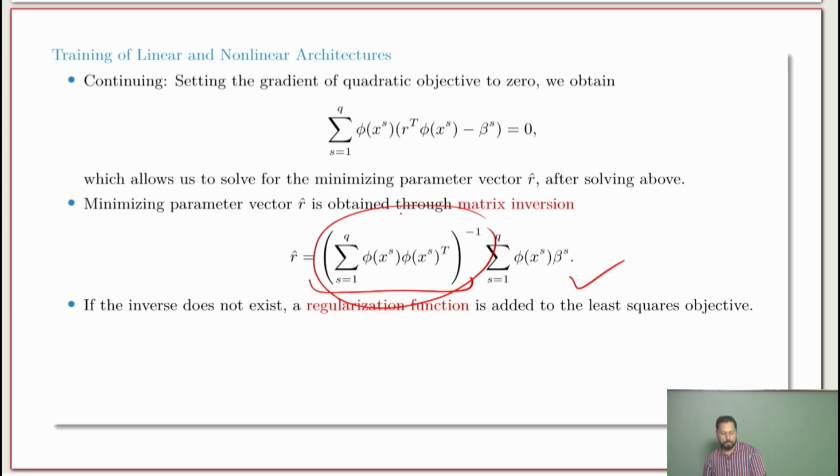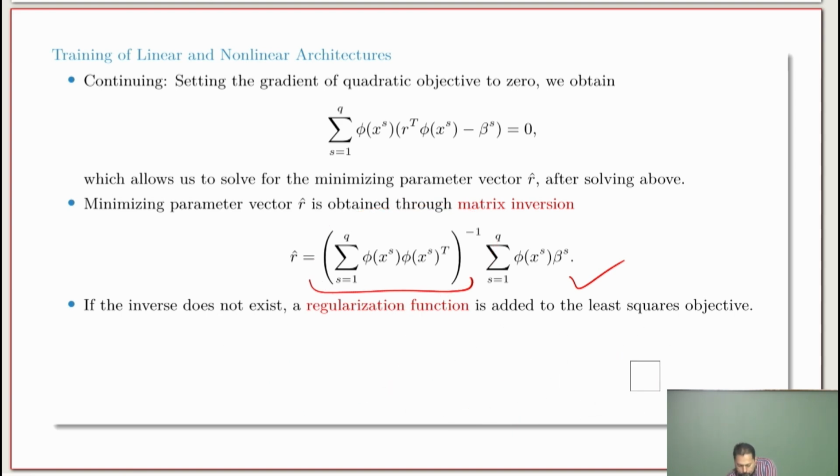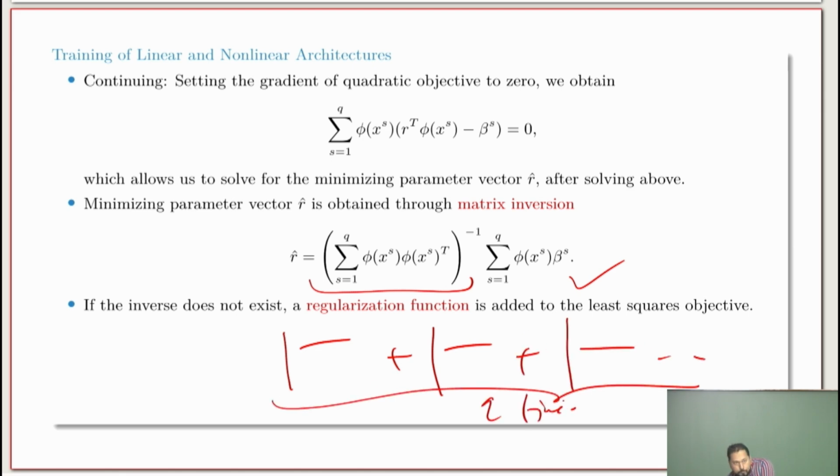Then if you add these, it will overall be a matrix. So these are rank 1. Oh sorry, I did it the wrong way. It should be like this. So these are q times. This matrix size is the length of these feature vectors phi s.